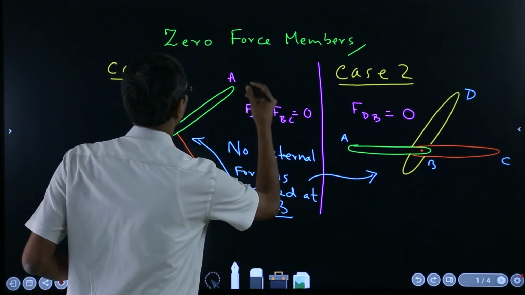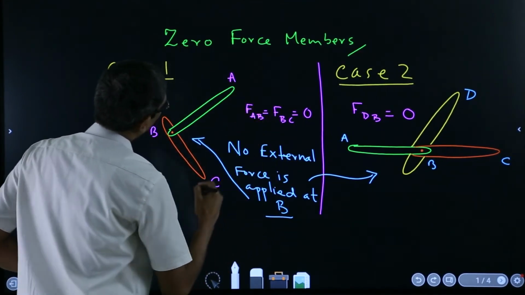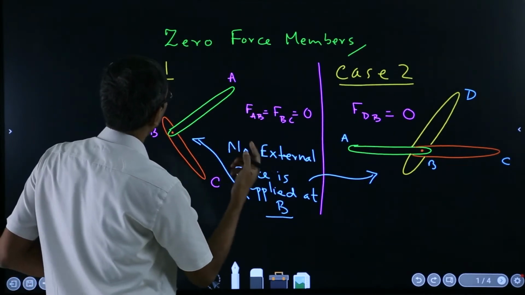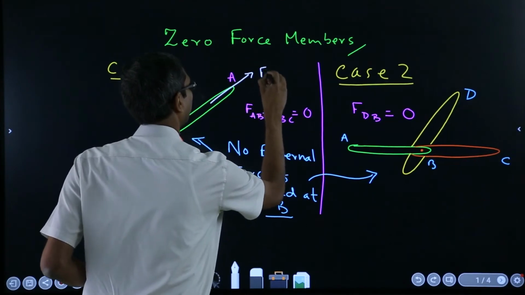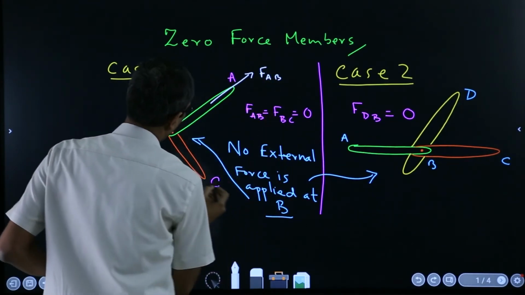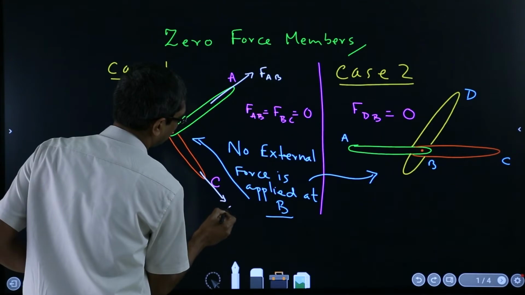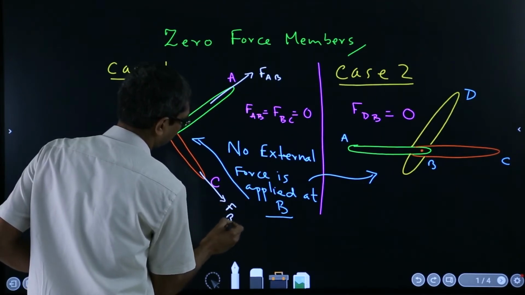Suppose this is a force, actually I have drawn them almost 90 degrees, so anyways, suppose this is FAB and say this is FBC.